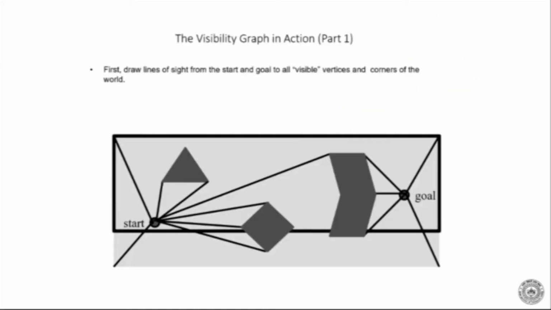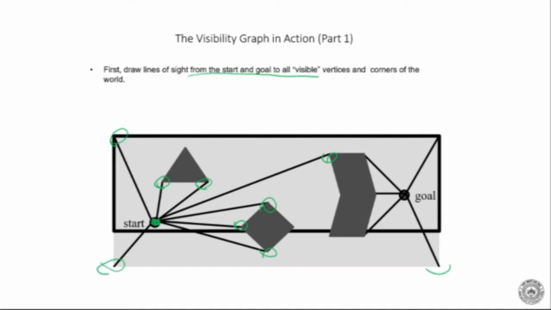First of all, draw lines of sight from start and goal to all visible vertices and corners of the world. So you're at the start point here, and we are drawing straight lines to all the visible vertices. What can you see? You can see this one, this one, this one, this one. That is visible, right? That we have done.